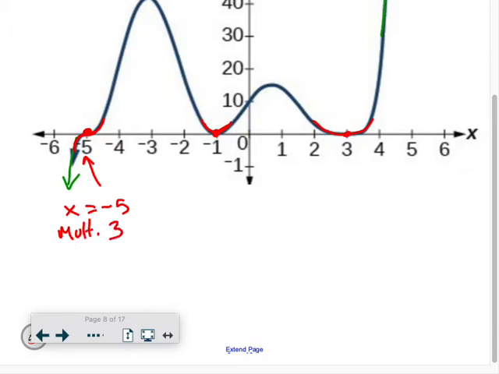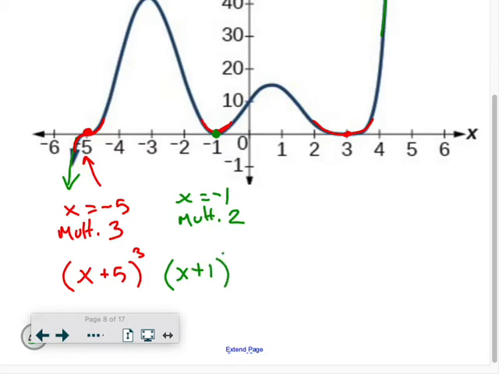It's not multiplicity 1 because it doesn't pass straight through, which means we're going to have a factor on this graph at x plus 5 cubed. Next one is right here. That's a 0 at x equals -1. Again, there's multiplicity involved. We're going to assume it's multiplicity 2 right now, which means we'll have a factor on this graph at x plus 1 squared.